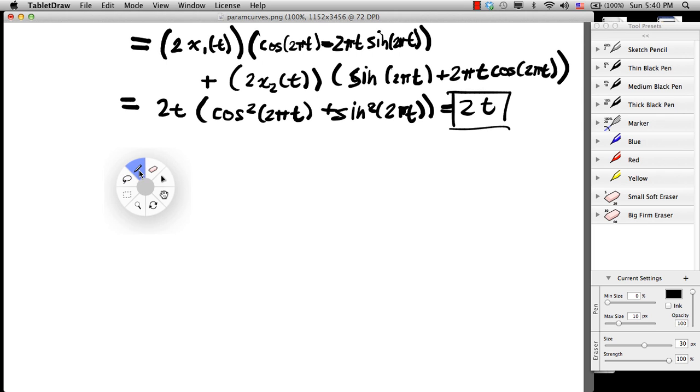In order to state this theorem, we need the idea of being a C1 function.